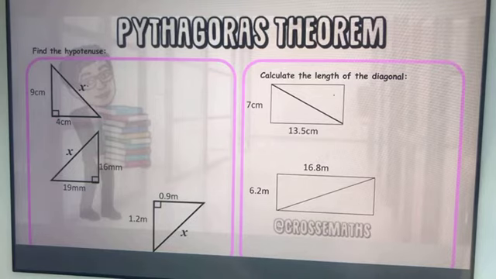You don't have to draw the triangles out. Remember, once you've got good examples in your book with the triangles drawn, you don't have to draw them out for the exercises, okay?